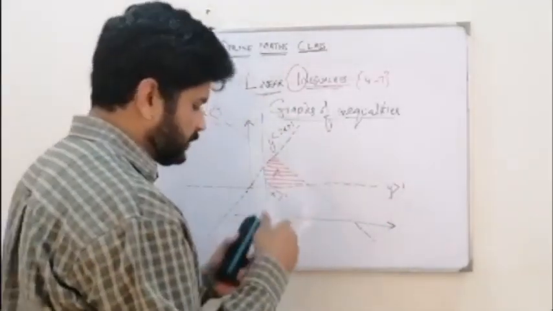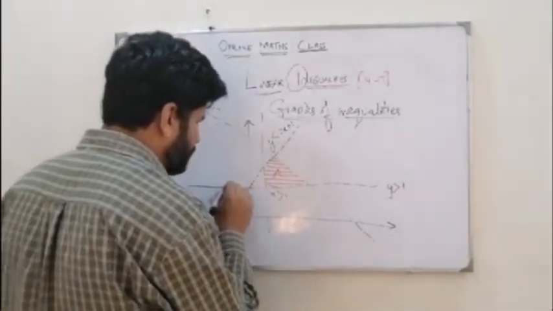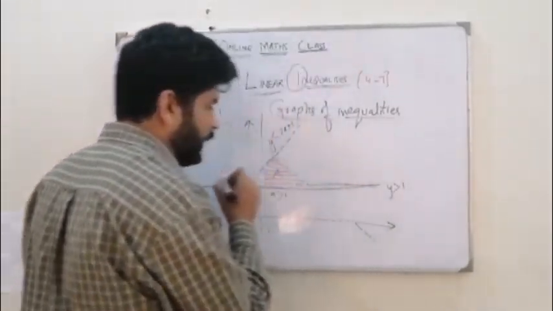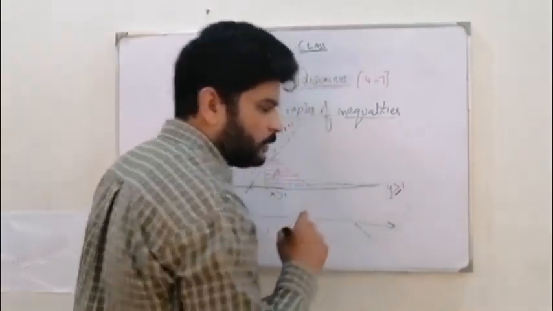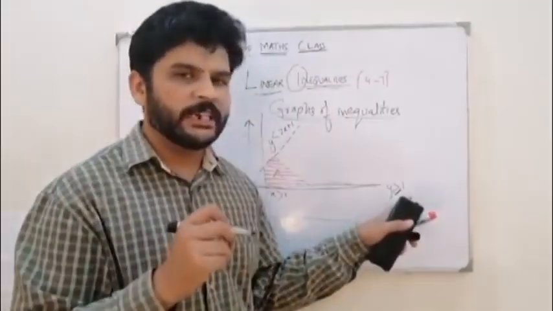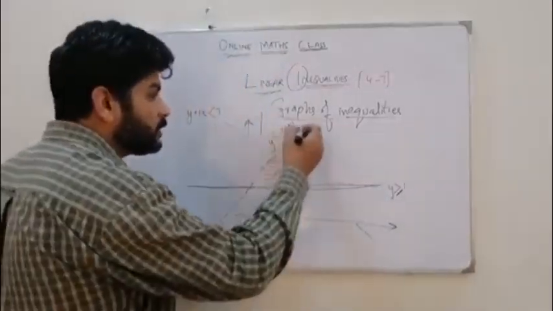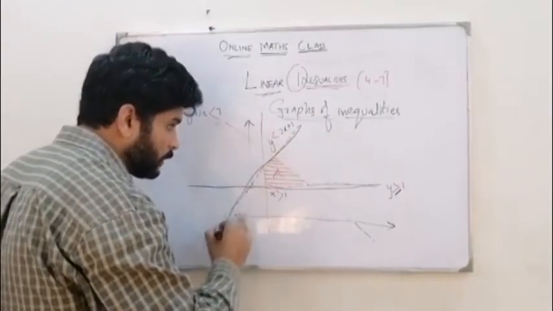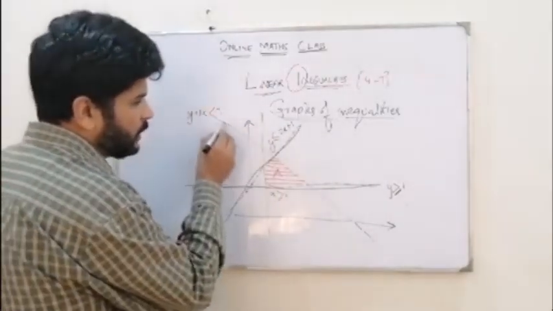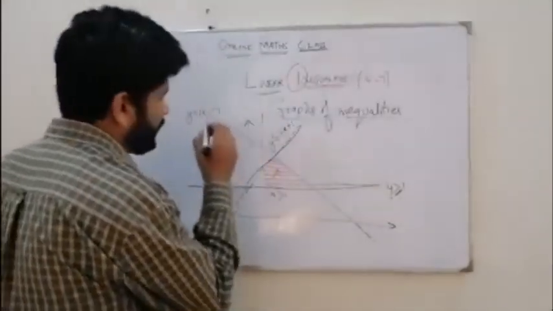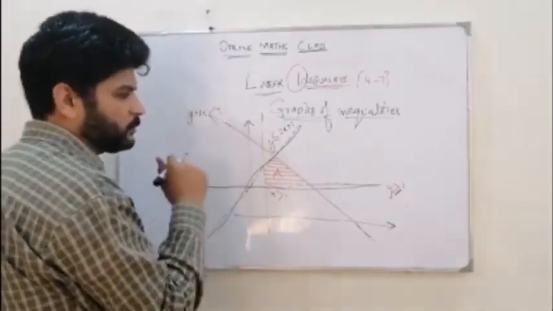What if these three lines become solid lines? If this is a solid line, then I am not going to write greater only, I am going to write greater than or equal to. If it is dotted, then only greater. If it is a solid line, then greater than or equal to. If this is a solid line, I am going to write less than or equal to. If it is not solid, it's dotted, then I am going to write less only.